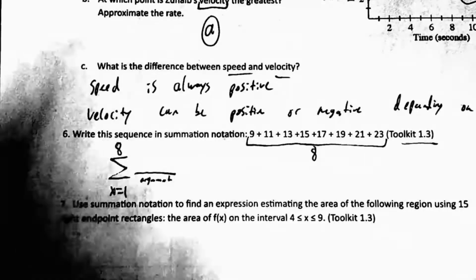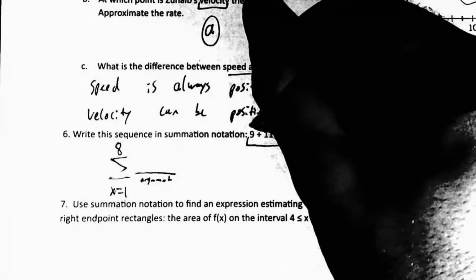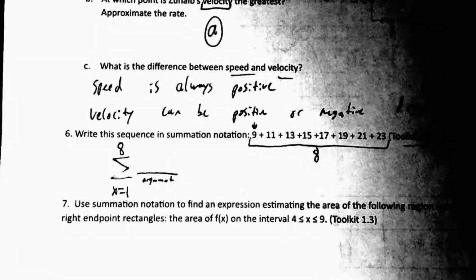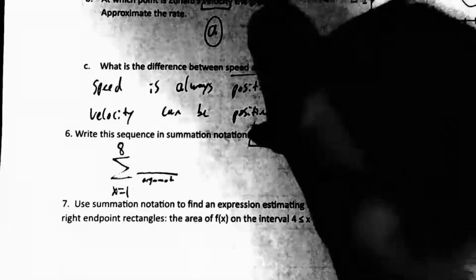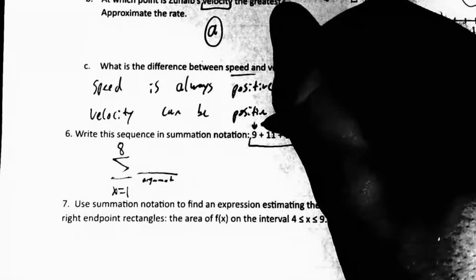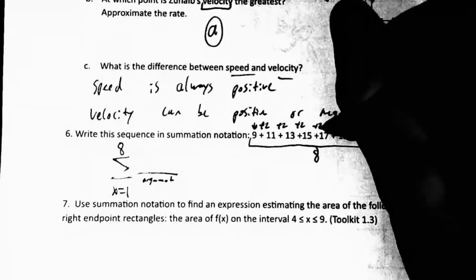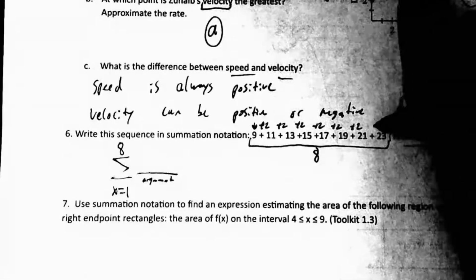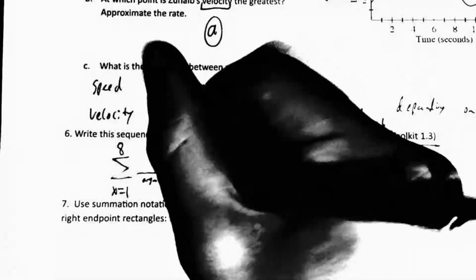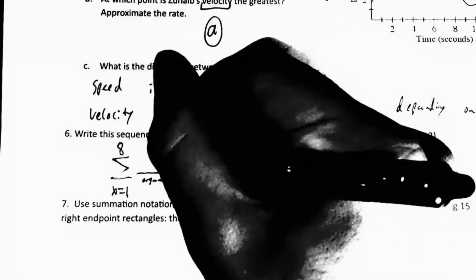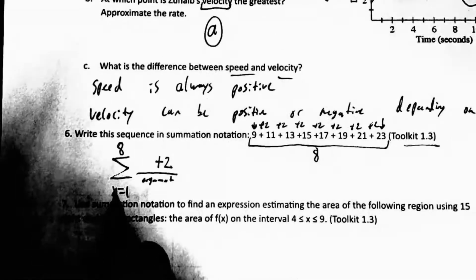Okay. Now I'm gonna start at 9 and I'm gonna end at 23. If you notice, the change between each of these is plus 2. 9 plus 2 is 11, plus 2 is 13, plus 2 is 15, plus 2 is 17, and so on, and so on. Which means that, in my argument, I want to be adding 2 for every x.